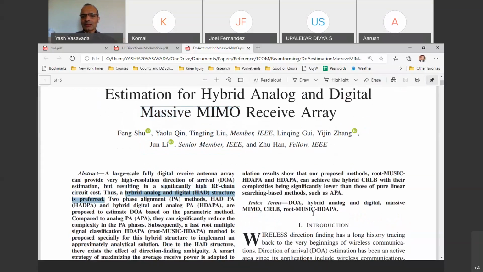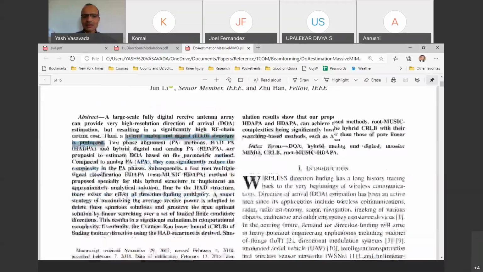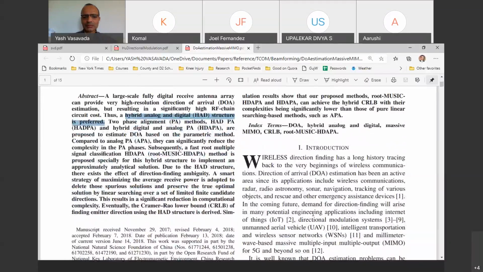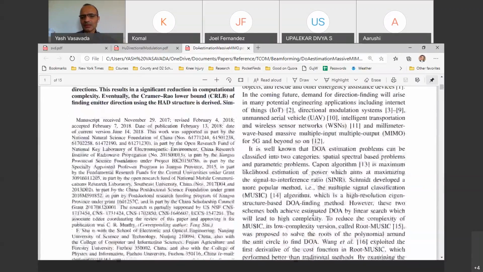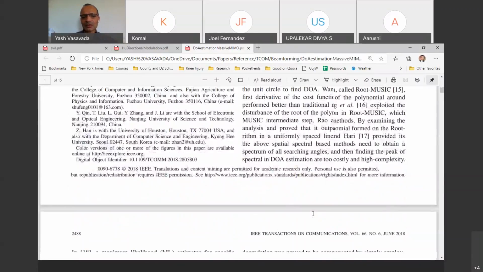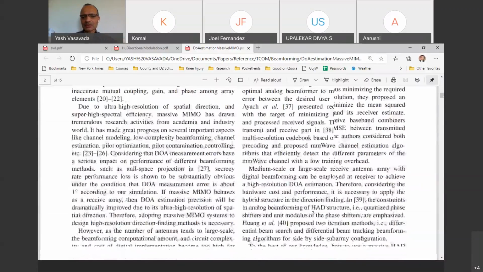And this has become a very prominent topic in communication literature. Massive MIMO with hybrid approach.